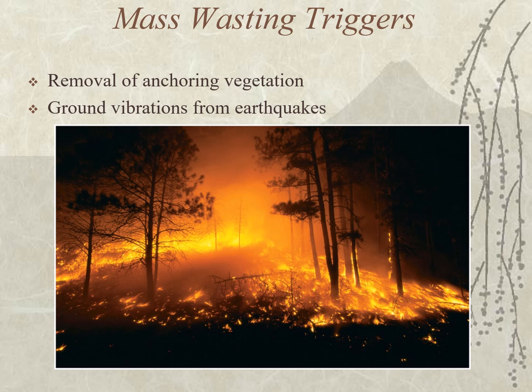So either humans or fire removing vegetation can help lead to landslides, because when the vegetation is alive and healthy, the roots down the subsurface help to hold the hillside together. But when that vegetation dies, then the roots start to die as well, and then that material can flow. And of course, earthquakes can trigger mass wasting as well.